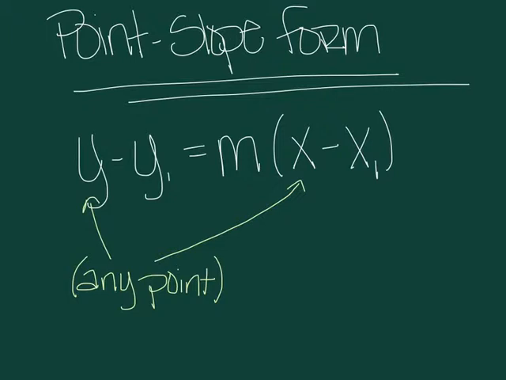Okay? So this x1, y1 are talking about point 1, the xy pair of point 1. And our m value, just like it has been in the past, is slope.